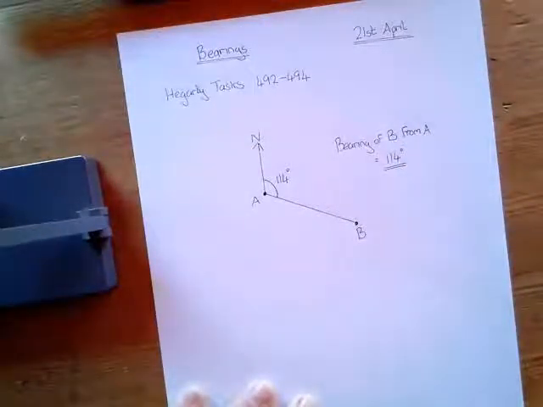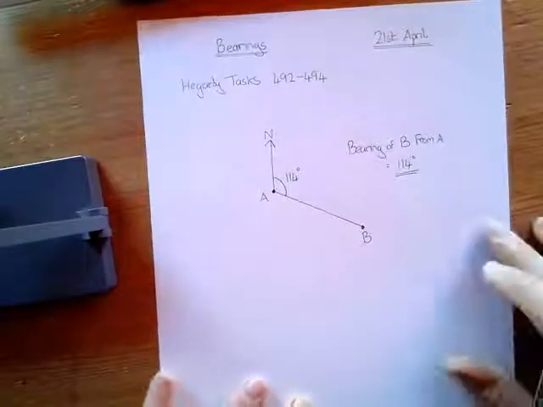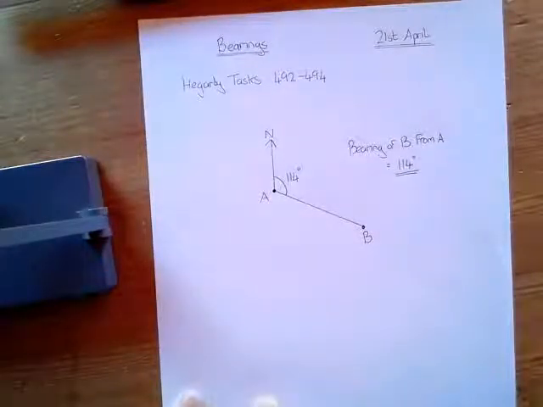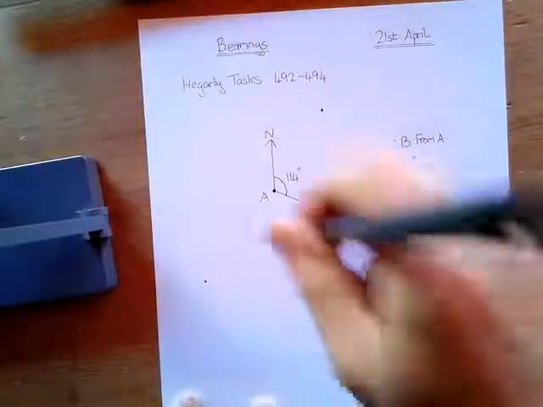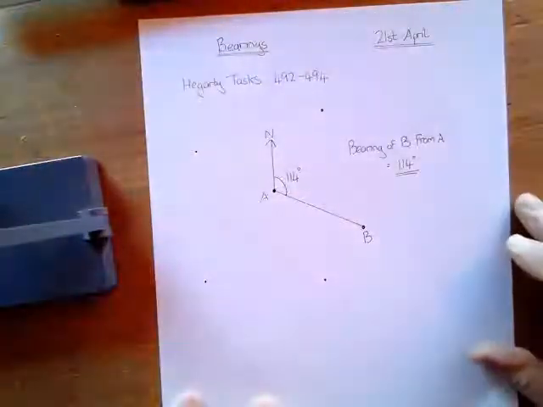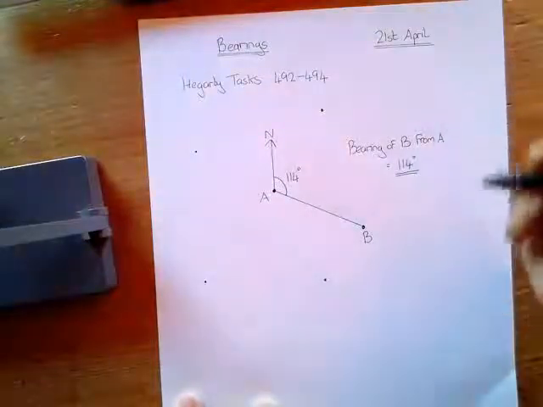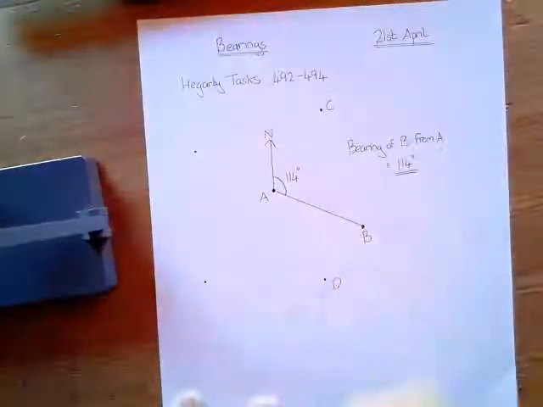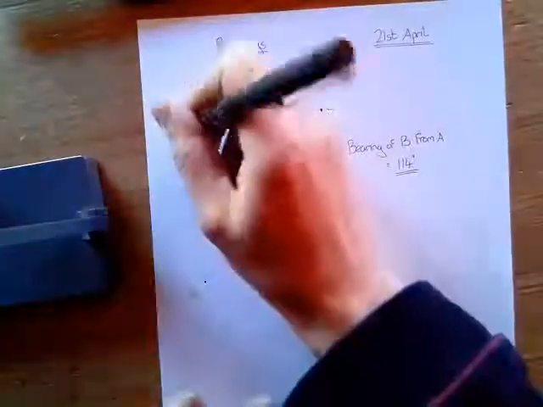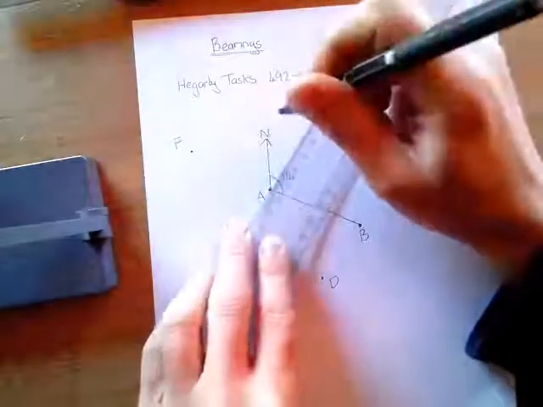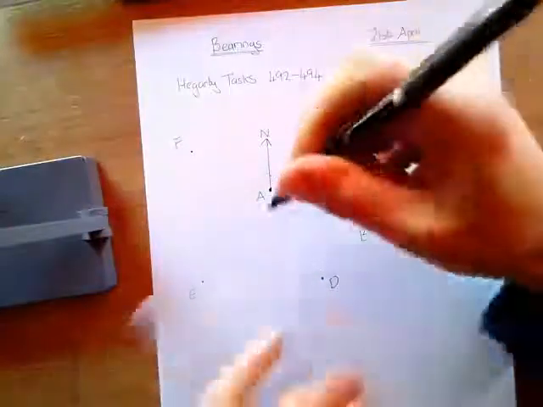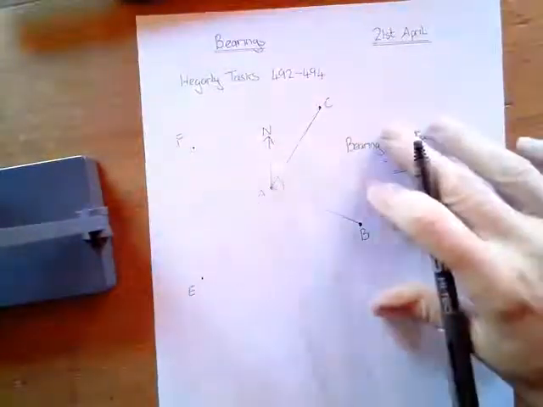Now I could have lots of friends, and they might live in different places all around. I could have a friend that lives up here, a friend down here, a friend over here, and a friend up here, say. I could call the places where they are C, D, E, and F. If I wanted an instruction as to how to get to each of those friends, I could draw a line between where I am and each of those places.